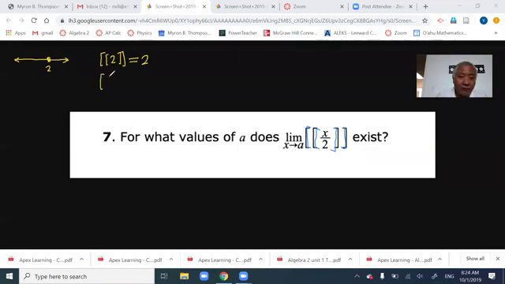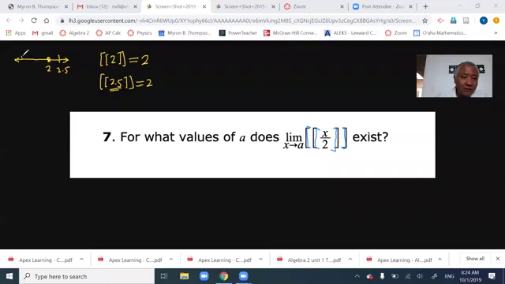But if you have a number like 2.5, the greatest integer possible less than or equal to 2.5 cannot be 2.5 because it's not an integer. So the greatest integer possible will still be 2.